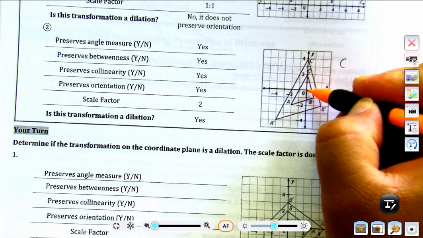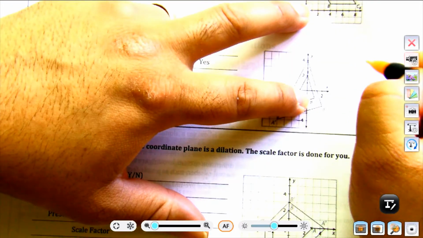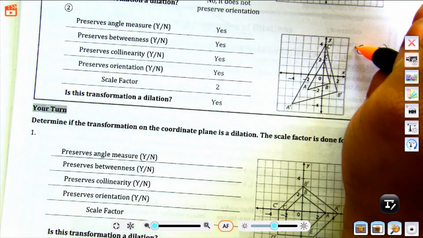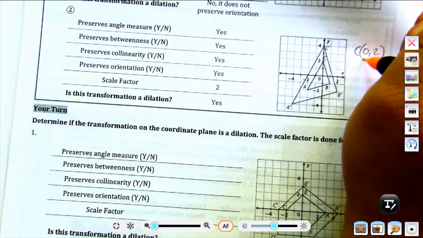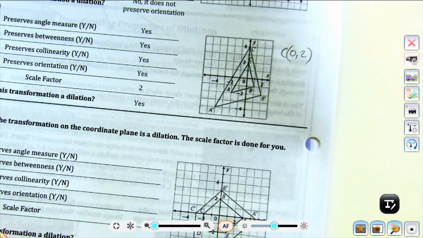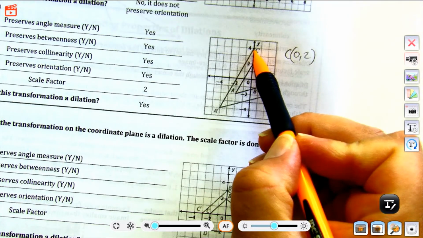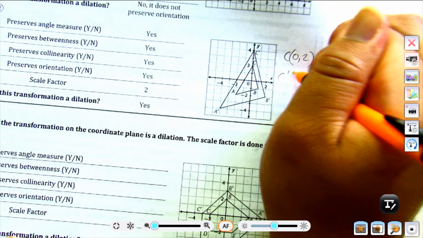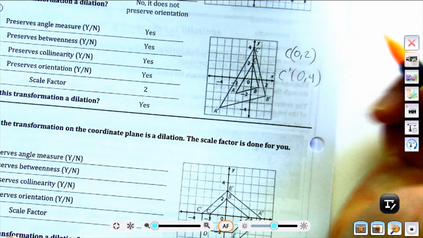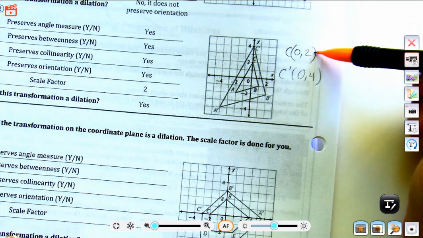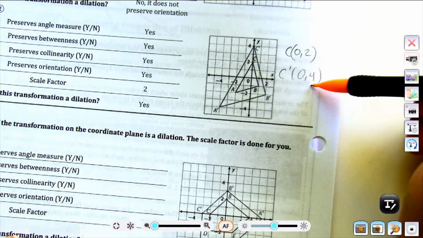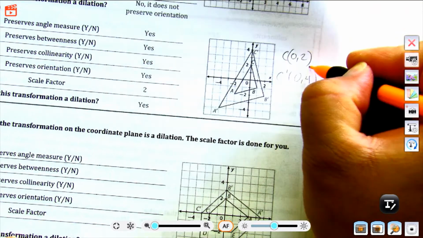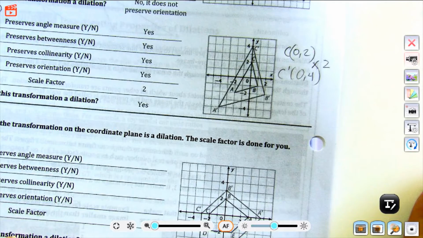C prime is located at 0, 4. Comparing these two, we went from 2 to 4. And the only way to get from 2 to 4 with multiplication is if we multiply by 2. So this is our scale factor, 2. And they actually have it right here. Scale factor is 2. And then yes, this does form a dilation.